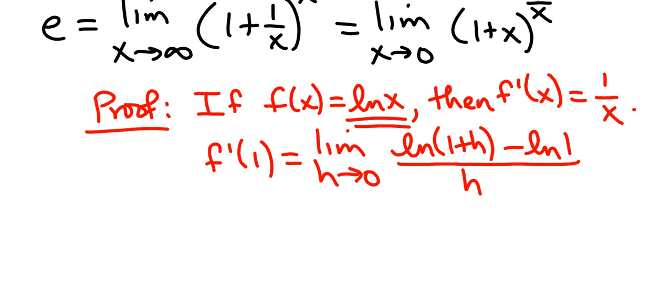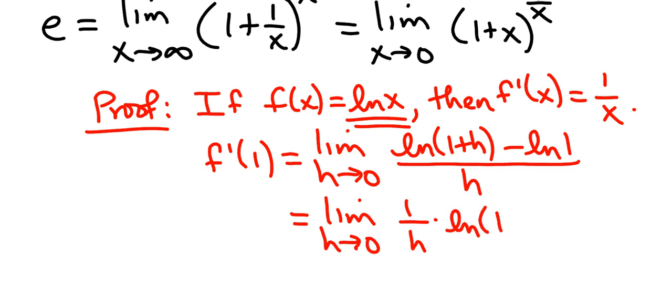So this is the limit as h approaches 0 of 1 over h times the natural log of 1 plus h. And we learned in our last lesson that this thing in front is really a power.